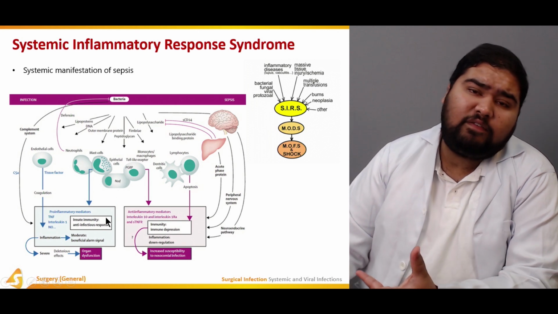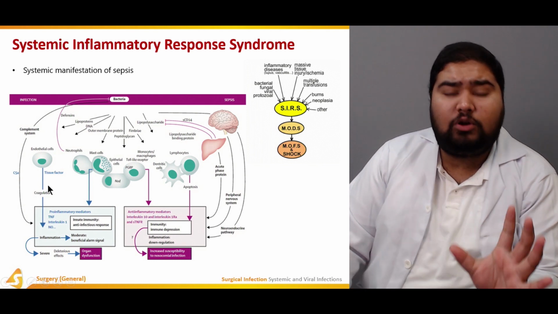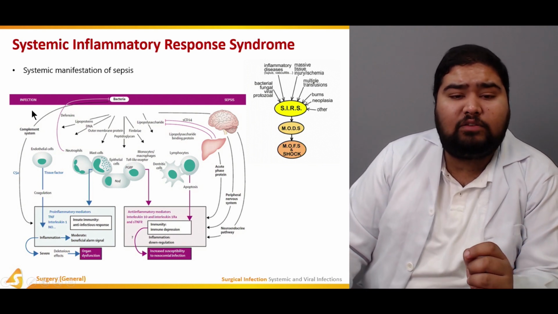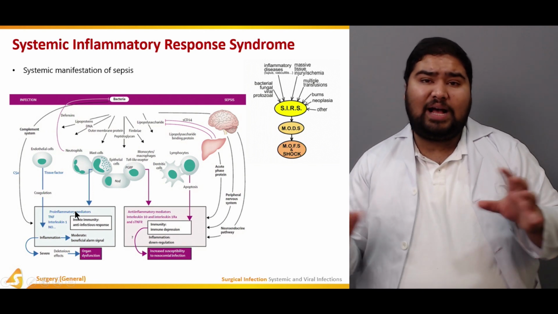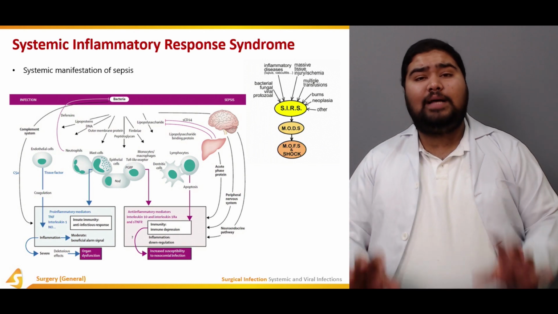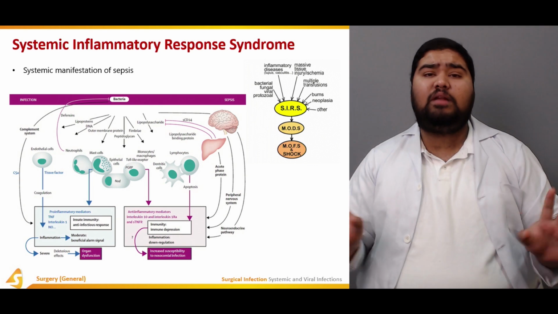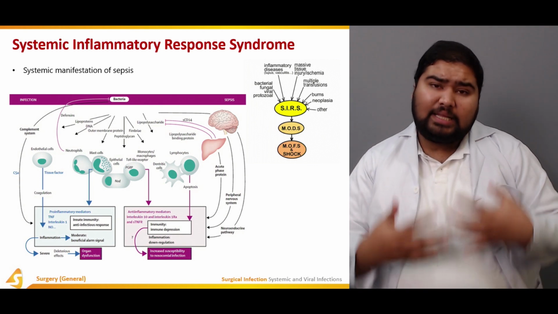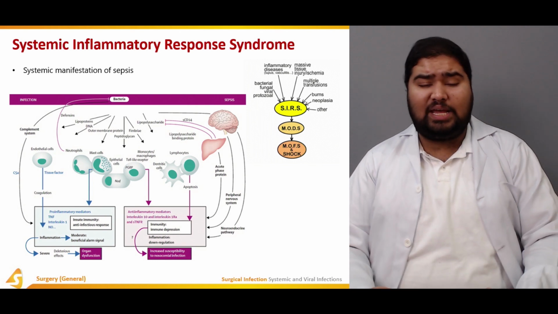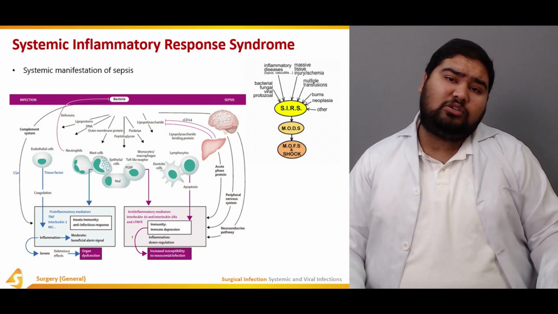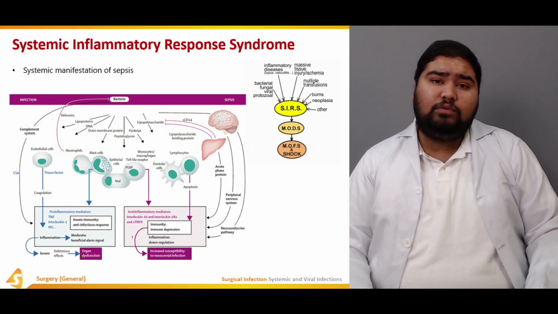This process of inflammation is carried on twofold, and the coagulation pathway, the complement system, and the fibrinolytic pathway are activated. As a result, there's widespread inflammation throughout the body. This is damaging to the body itself, and as a result various organ systems of the body start to fail.